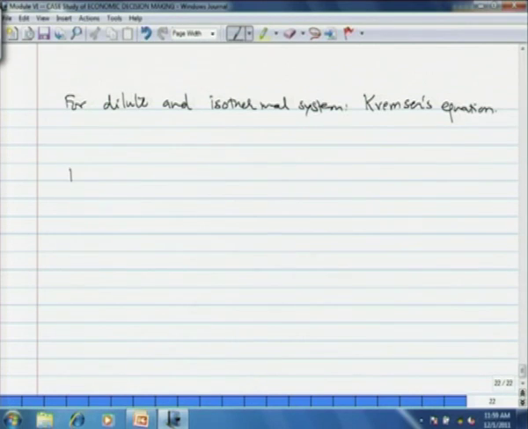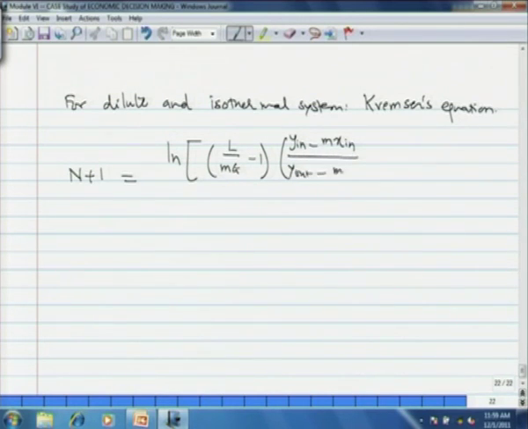Kremser's equation can be written as follows. This you have seen in mass transfer 2. So, we can take it directly, the derivation is covered in the other course.